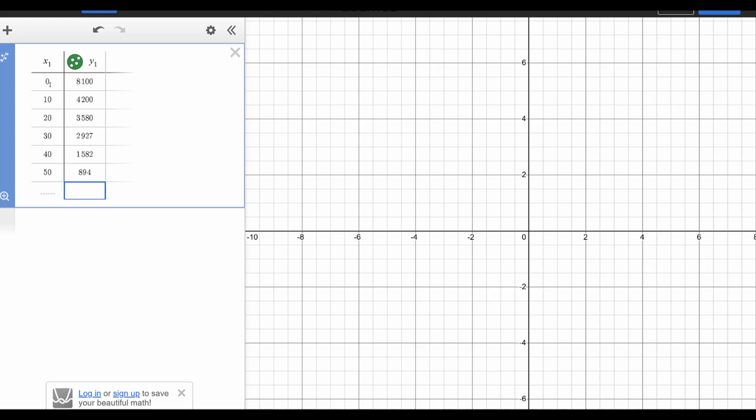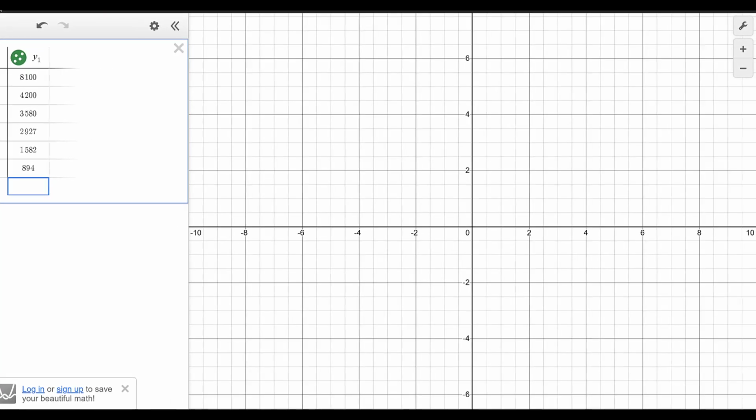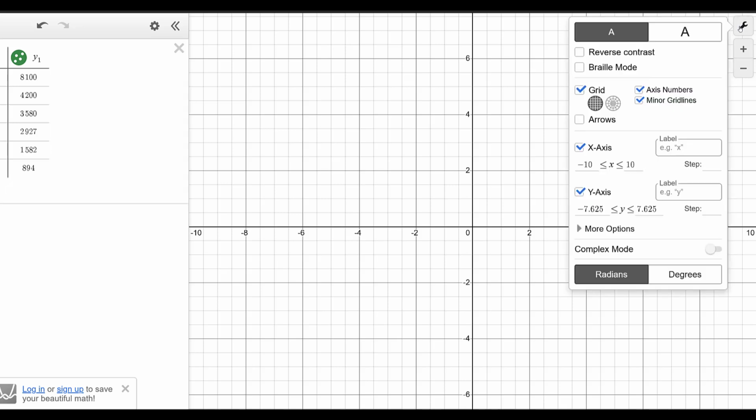Okay, now nothing's showing up here because my window isn't quite right, so let me change. I'm going to slide this over again so you can see we're making some changes on the graph. So over here on the graph, I'm going to do my x-axis.